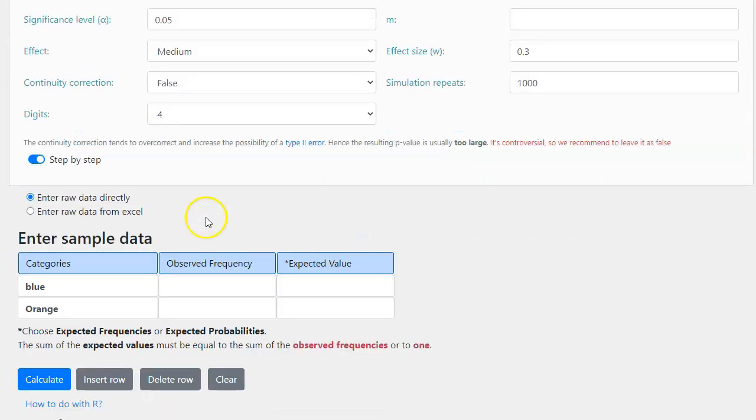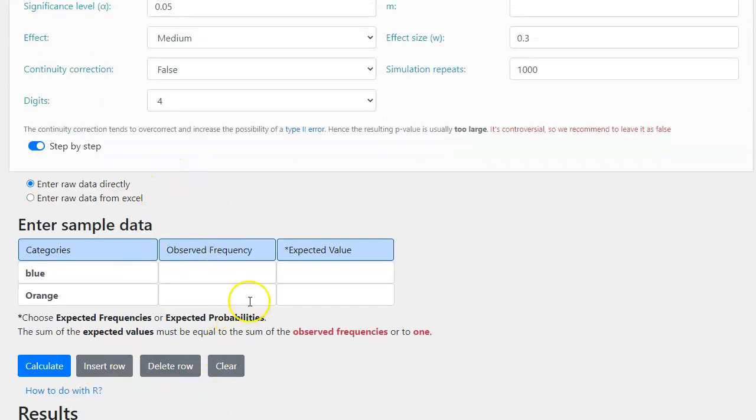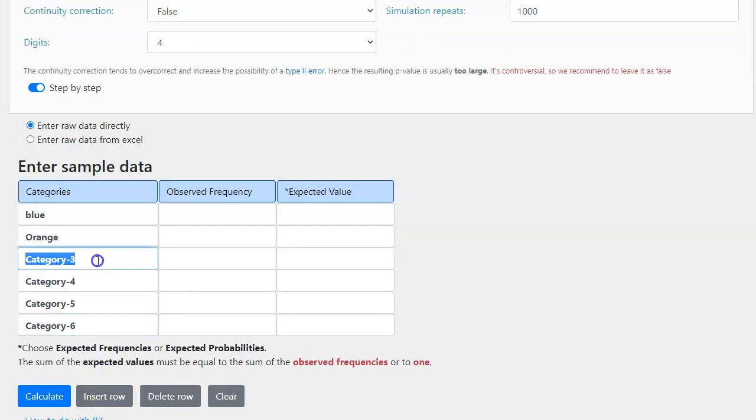Now, for this, you have to enter the data itself, and you have to have enough rows. We have 6 different rows, 1 for each color: blue, orange, green, yellow, red, brown. This part doesn't really matter that much, but it's nice to have things color-coded.